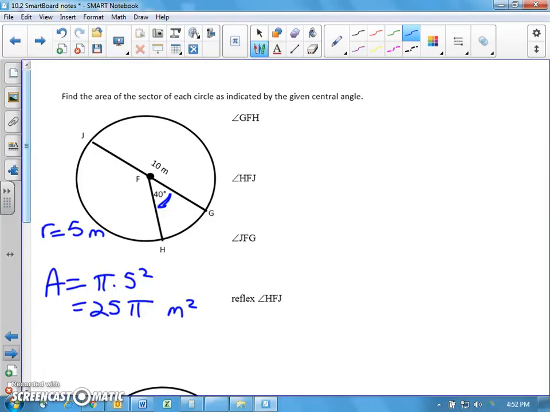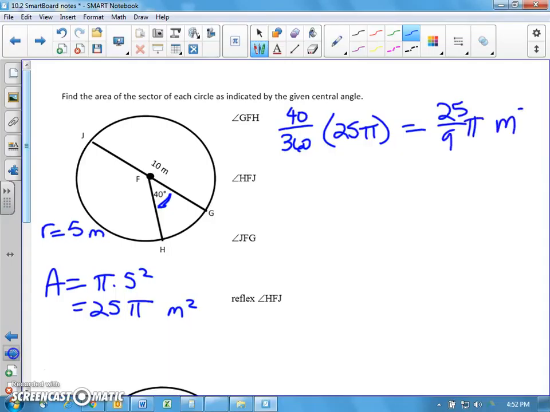So when I want my sector area, I would be looking for 40/360ths of 25 pi, the portion of the whole circle that I'm looking for. When you multiply this out, what this is going to give you is 25/9 pi, and this would be square meters.